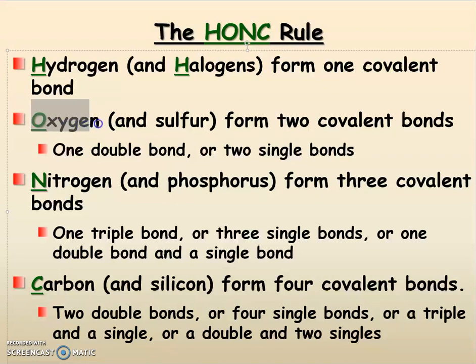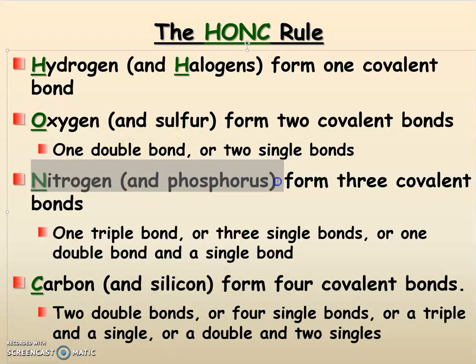Oxygen and sulfur, anything in oxygen's column, group 16, has 6 valence electrons, so it can make up to 2 bonds because it needs 8. It has 6, it will gain 2 by sharing. That can come in the form of 1 double bond or 2 single bonds, but the maximum is 2.